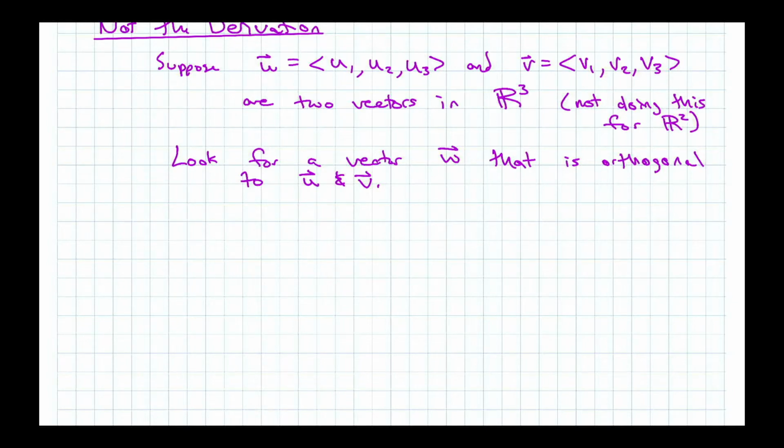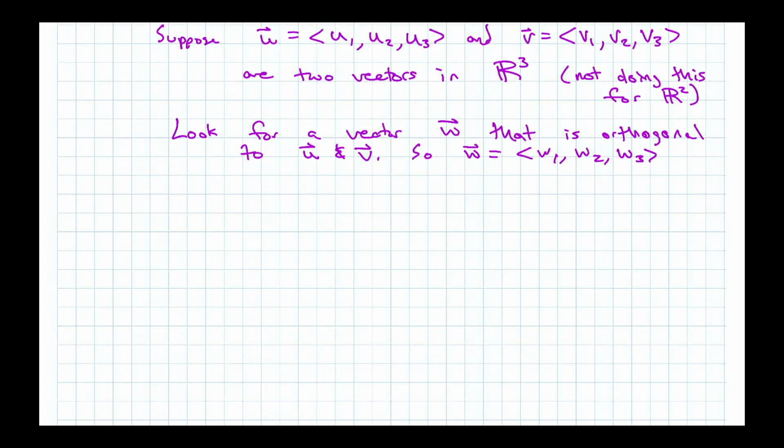So let's say w is w1, w2, w3. The implication of this is that if it's orthogonal to u and v, we know that the dot product is 0. If you take the dot product between two vectors and they're orthogonal, then the dot product is 0.